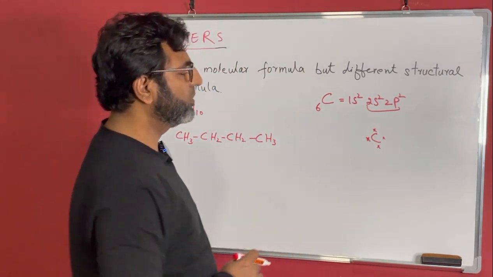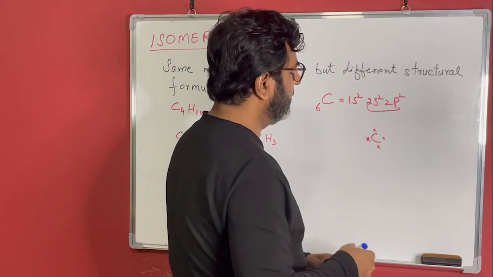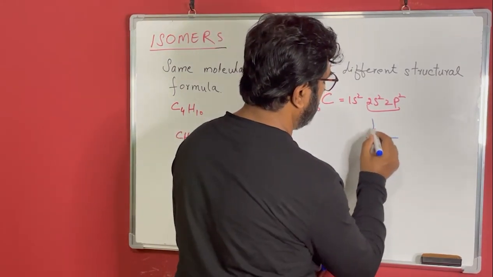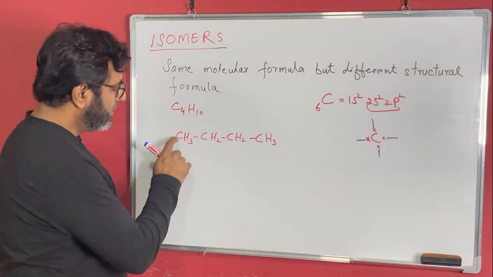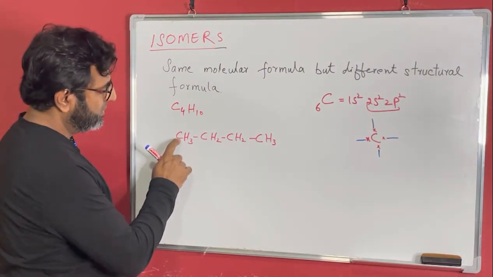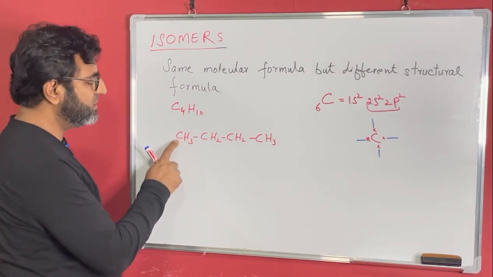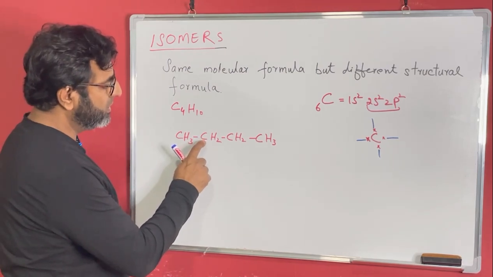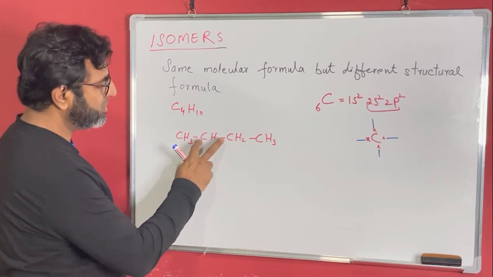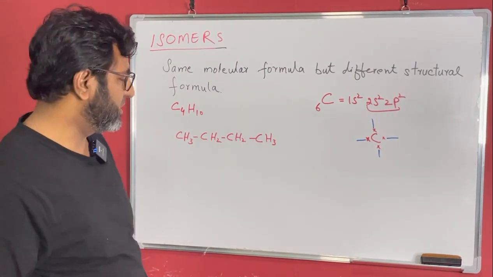It has 4 valencies. One valency is occupied with this carbon and the 3 rest of the valencies are occupied with 3 hydrogens. Similarly here, this carbon is attached with these 2 carbons, 2 valencies, and 2 hydrogens, the rest of the 2 valencies.